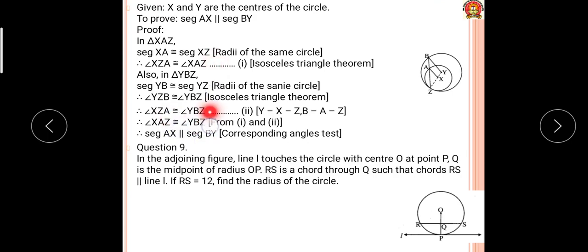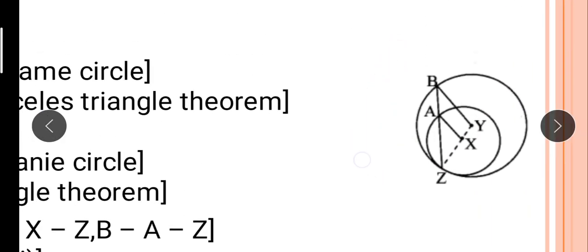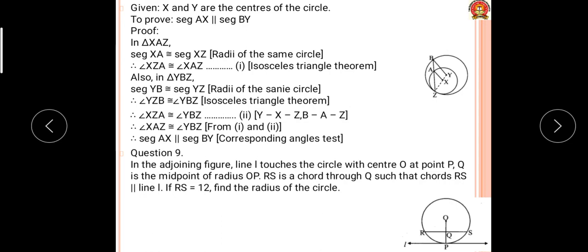So from first and second these two angles are also equal, XAZ is equal to YBZ. So these are two lines, AB is a transversal, these two angles are equal, they are corresponding angles, and therefore by the corresponding angle test AX is parallel to BY.